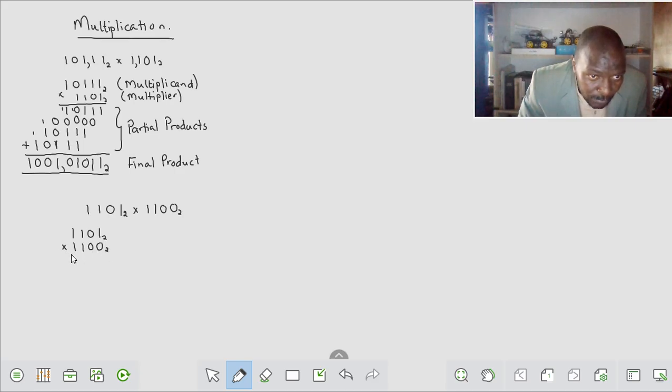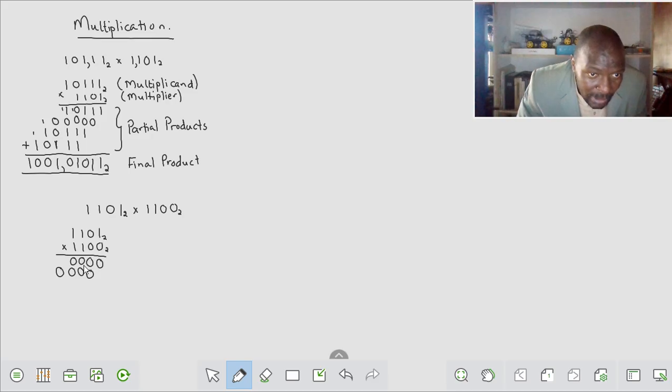The first digit, the LSD, is a 0, so all you do is place zeros, the same number as the multiplicand. Then the next one is also a 0, so you place zeros, same as your multiplicand.